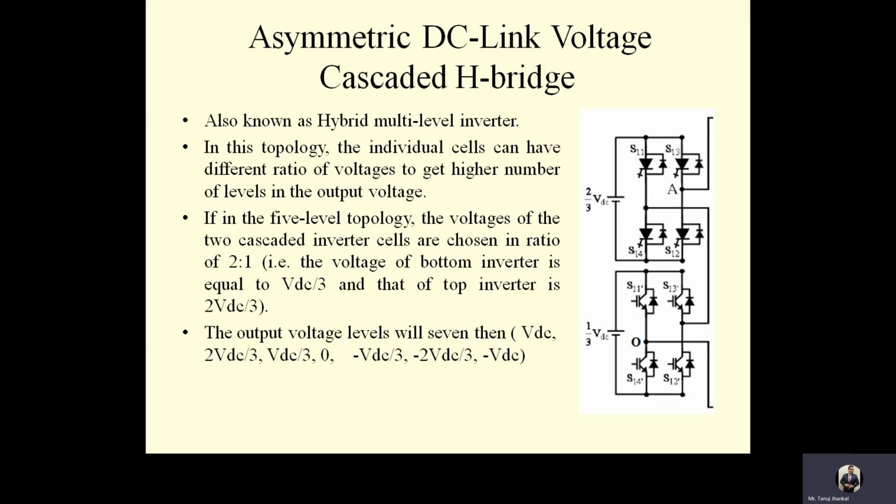This way, by cascading m H bridge inverters with their DC voltages varying in a binary weighted fashion from VDC by 2 to the power m minus 1, up to VDC by 2, one can achieve 2 to the power m plus 1 minus 1 levels of inverter output.